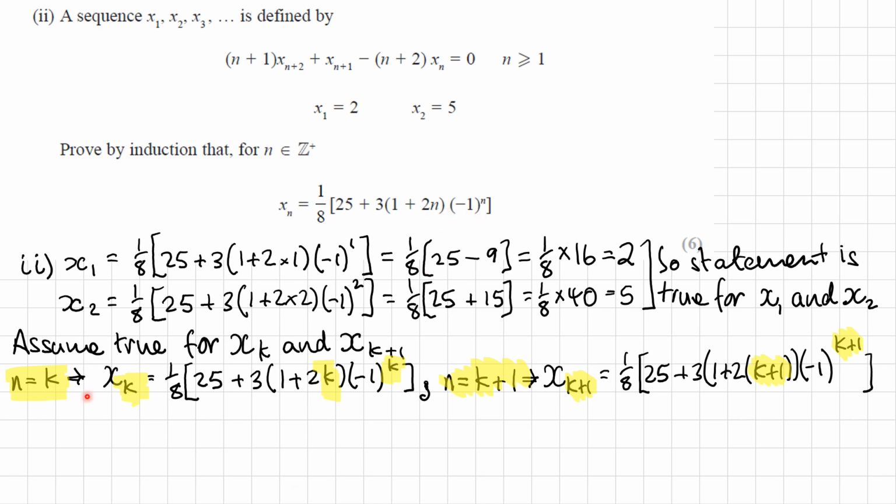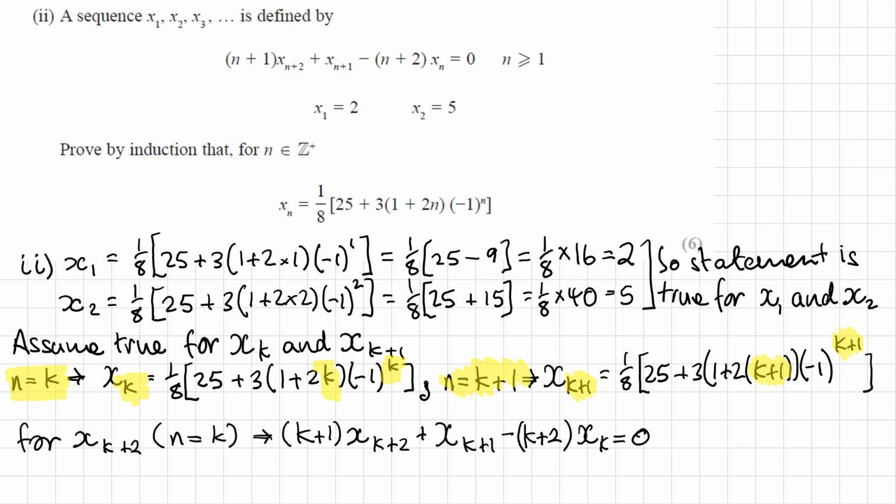Now comes our induction step, and that's where we're going to take xk and xk plus 1 and put it into this recurrence relation so that we can get an expression for xk plus 2. So for xk plus 2 in this recurrence relation here, we actually need to make n equal to k.